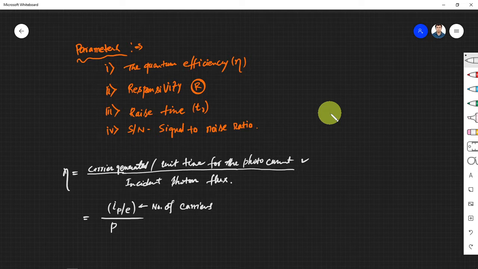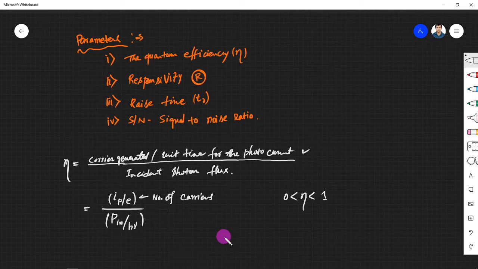That is our optical power input over h nu, the optical power divided by each photon energy, which gives you the number of photons. So it's basically the ratio of number of carriers to number of photons, that's all. The value will definitely be less than 1. So this is the range of eta.